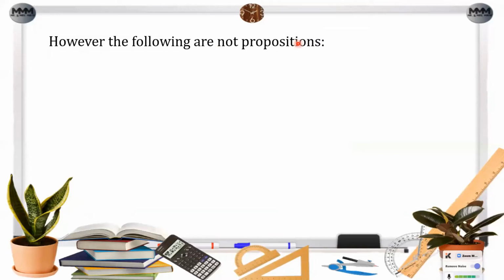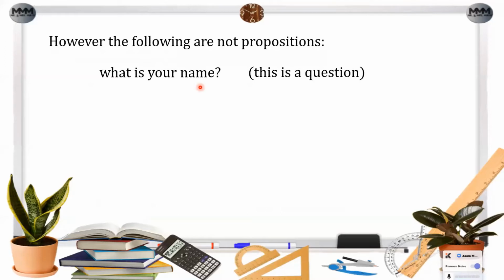However, the following are not propositions. What is your name? Actually, this is not a proposition. We cannot tell whether this is true or false. Actually, this is a question. And next, do your homework. Still not a proposition. It is actually a command.